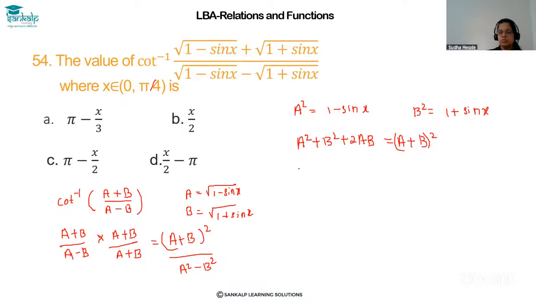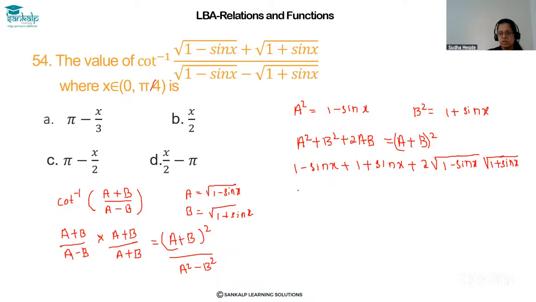So A square is 1 minus sin x plus 1 plus sin x plus 2 times root 1 minus sin x into root 1 plus sin x, correct?